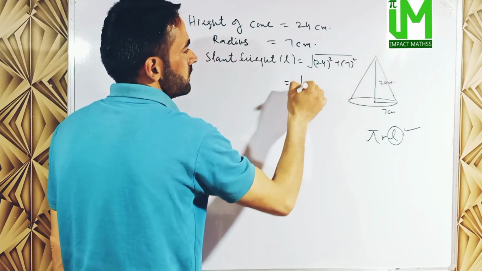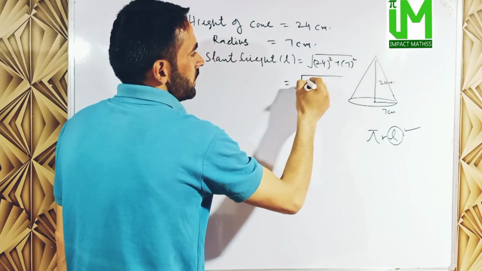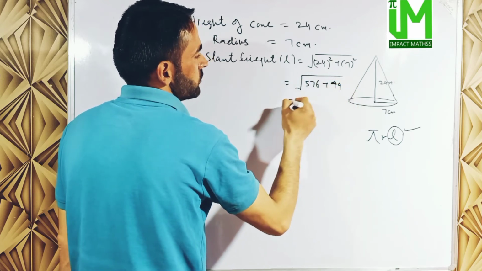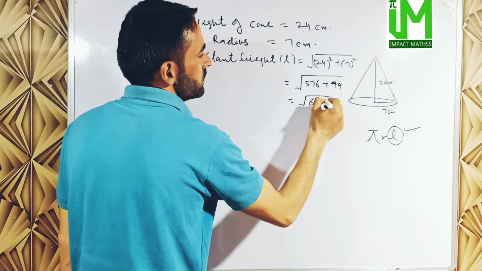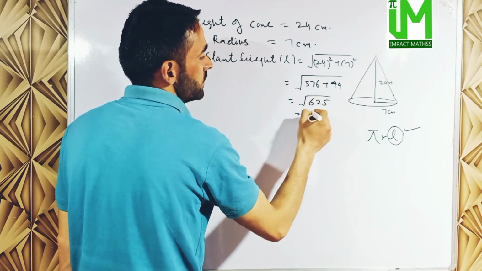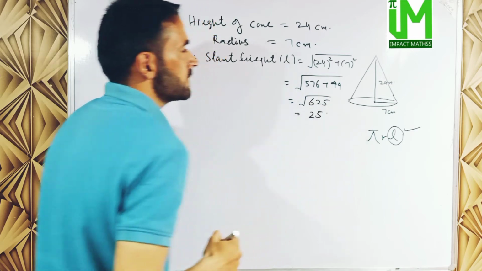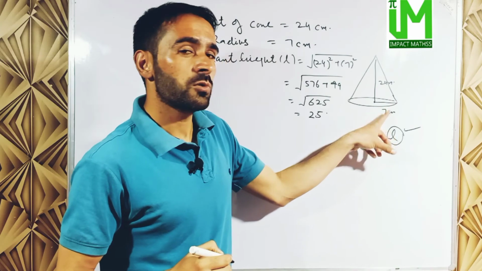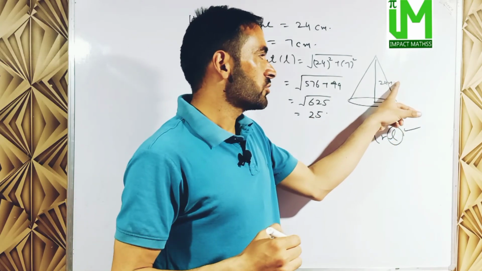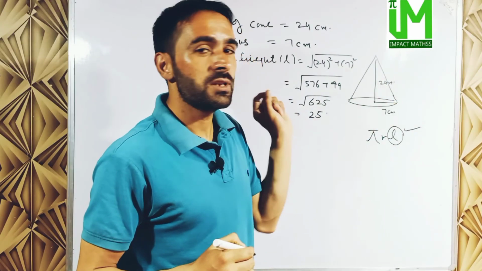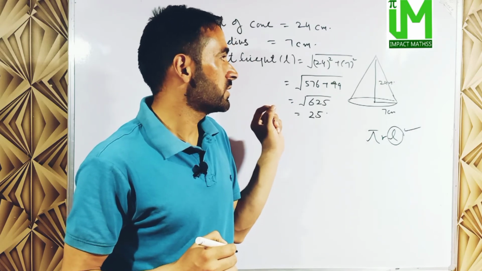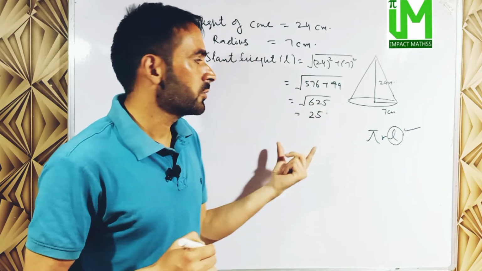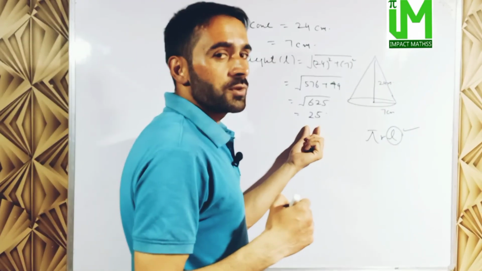So it will be under root of 576 plus 49, that is under root of 625, which is 25. So obviously 7, 24, 25 is a Pythagorean triplet. By the Pythagoras theorem, hypotenuse square is equal to base square plus perpendicular square. So the slant height is equal to 25.